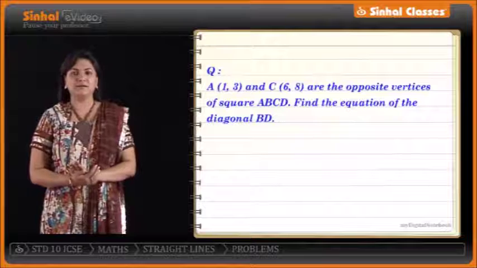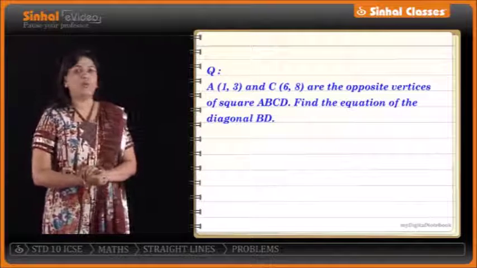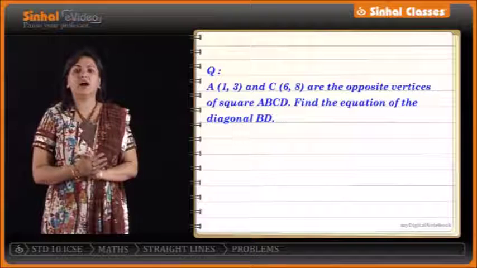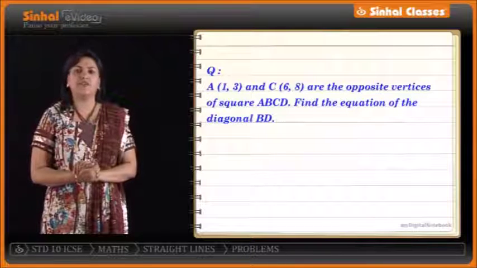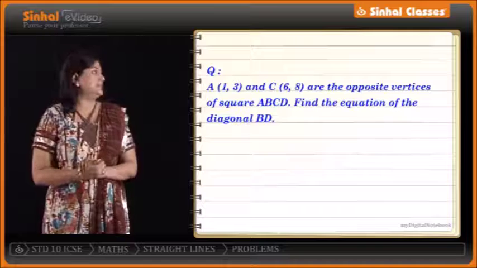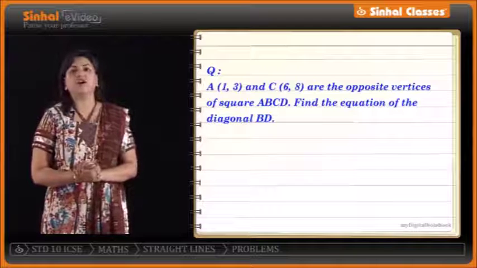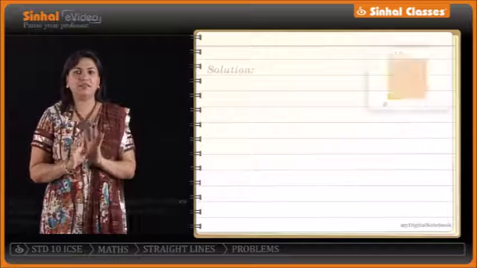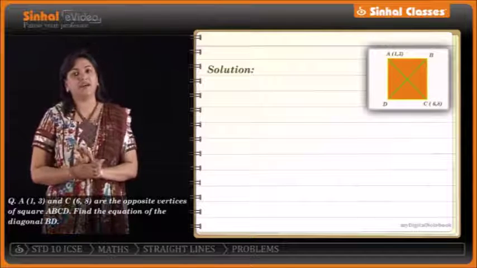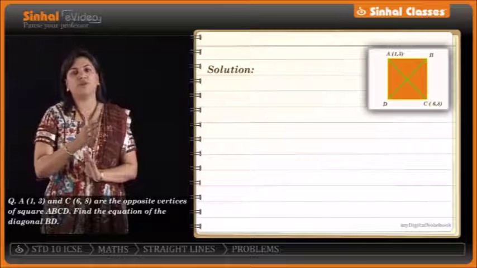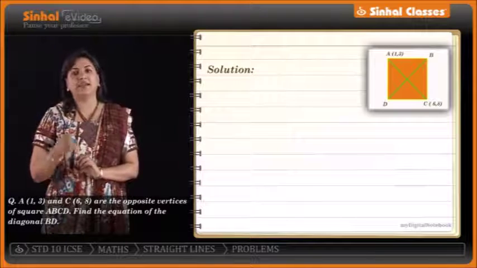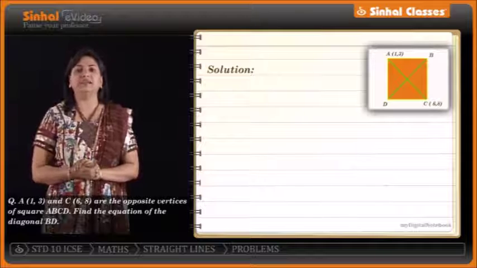Now our next problem is A (1, 3) and C (6, 8) are the opposite vertices of a square ABCD. Find the equation of the diagonal BD. Now here we are given ABCD is a square and we are given the coordinates of A and C. We want to find the equation of diagonal BD.